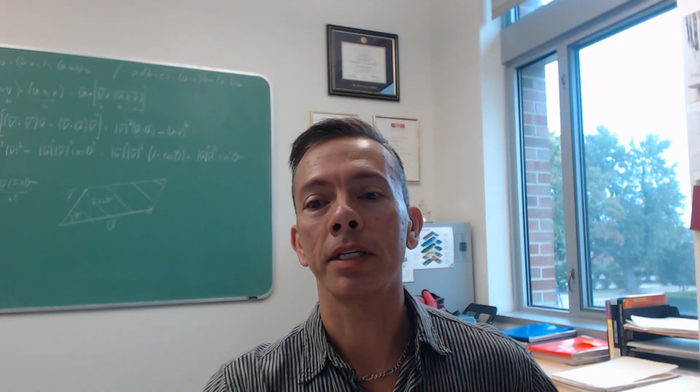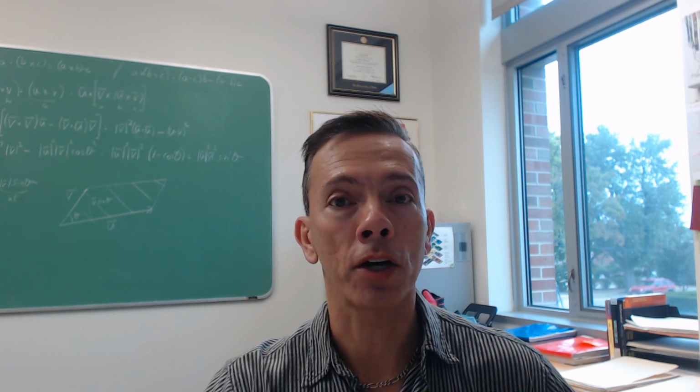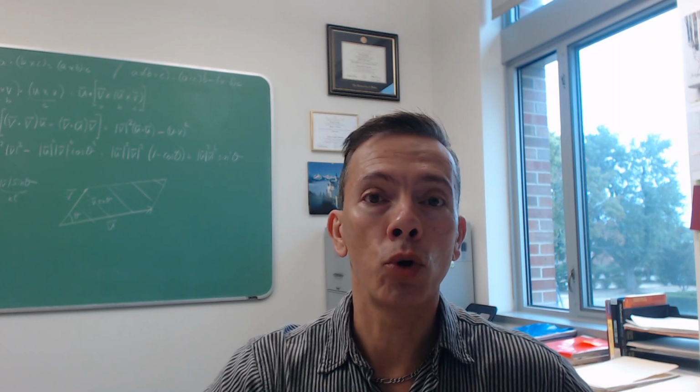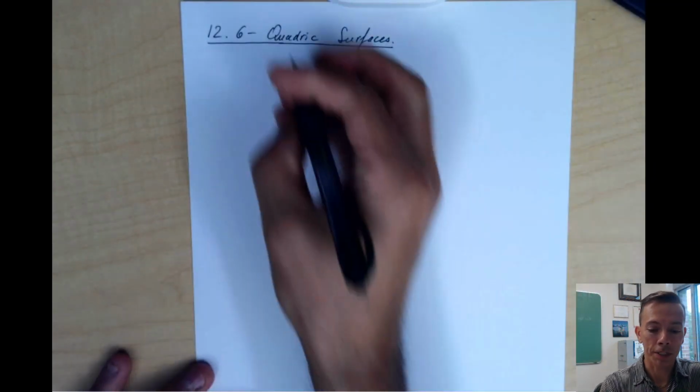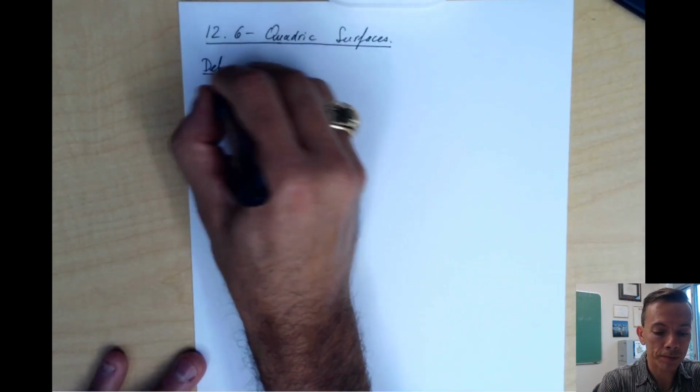Algebraically speaking, quadratic curves, or conic sections, can be described by a polynomial equation of second degree in 2 variables, x and y. So the quadric surfaces that we are going to do today are surfaces that can be described by also a second degree polynomial equation, but in 3 variables, x, y, and z. So that's the definition of a quadric surface.